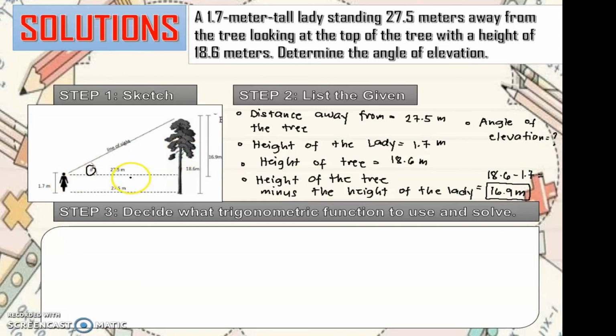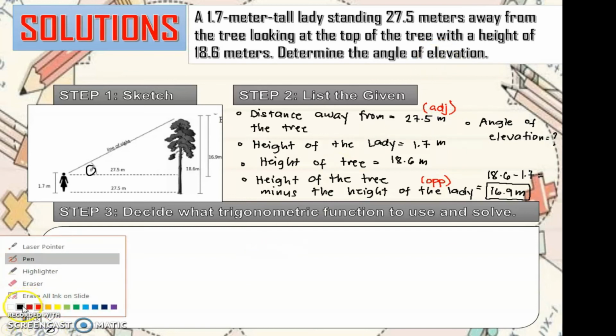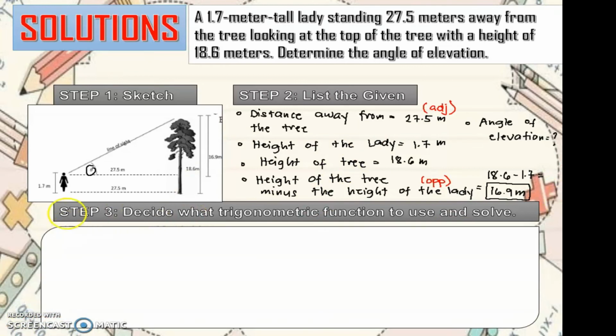So, which trigonometric ratio involves the opposite side, which is the 16.9 meters, and the adjacent side, which is the distance away from the tree? There's no other trigonometric ratio that involves the opposite and the adjacent. It's only the tangent. So we're going to use the tangent theta again.